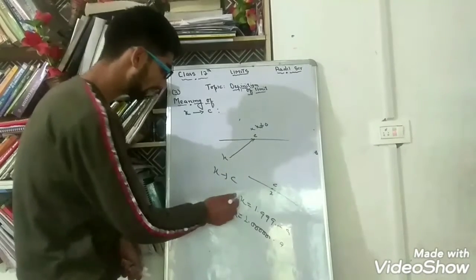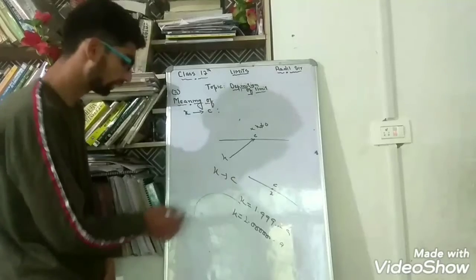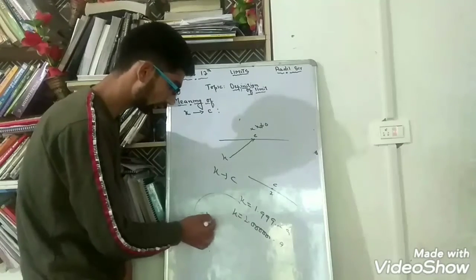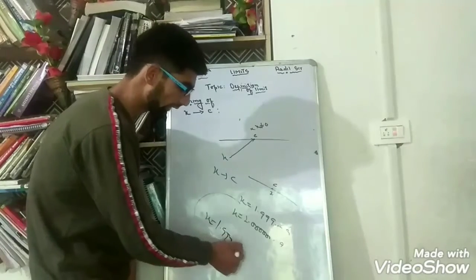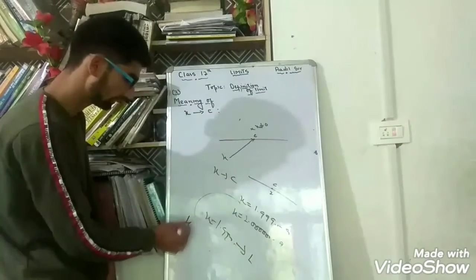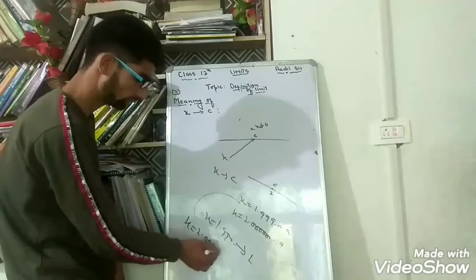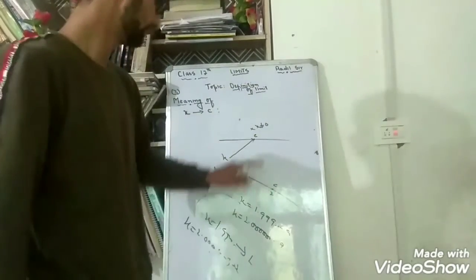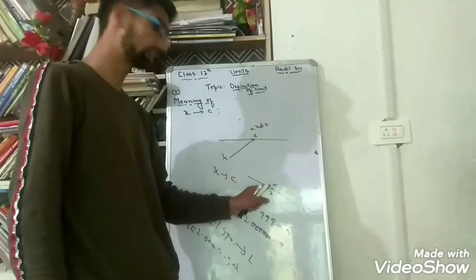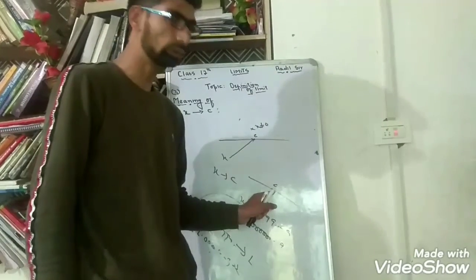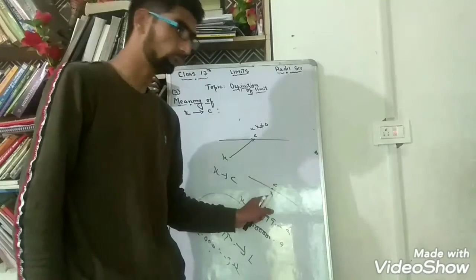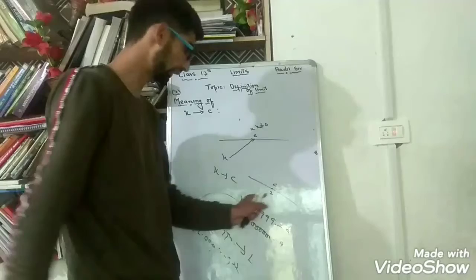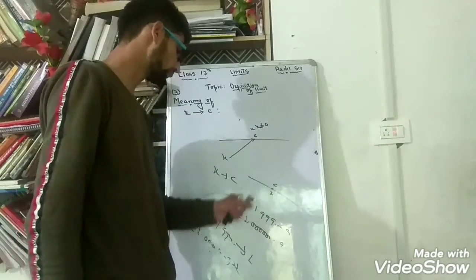So x equal to 1.9999 and so on tends to 2, and x equal to 2.000 up to 9 also tends to 2. So here I got two things: the values of x that are left of 2 are getting close to 2, and the values on the right side of 2 are also getting close to 2.